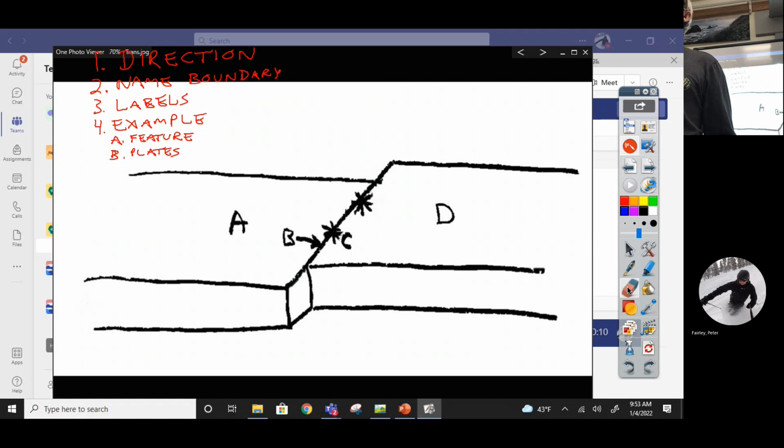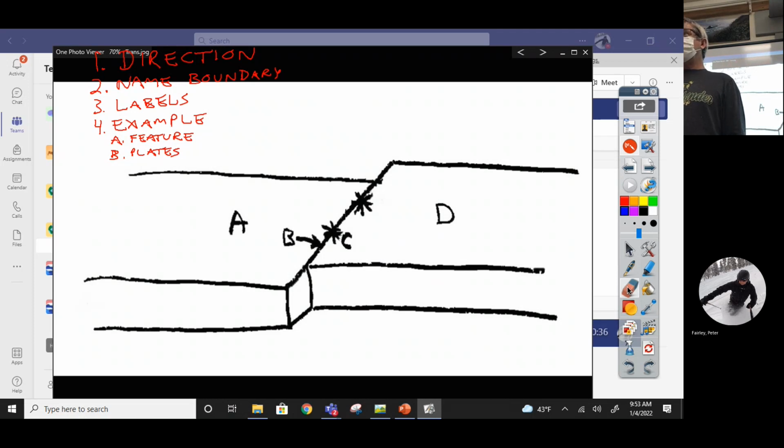That would be 4B. The specific. And 4A, what feature is actually there? You guys were saying it before. What fault is it? San Andreas Fault. So 4A, San Andreas Fault. 4B, North American plate is moving past the Pacific plate.